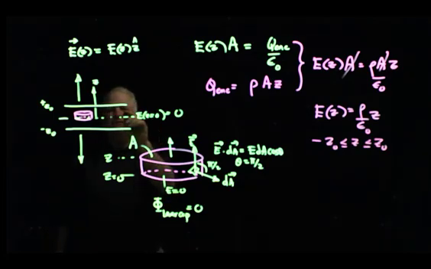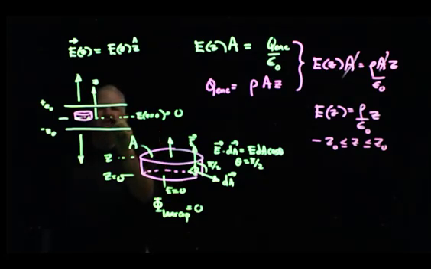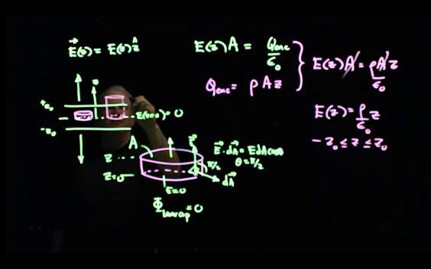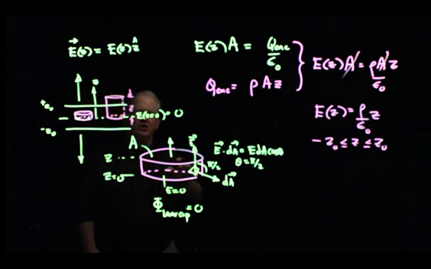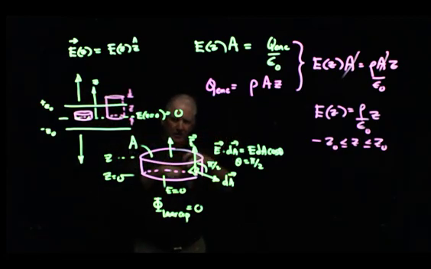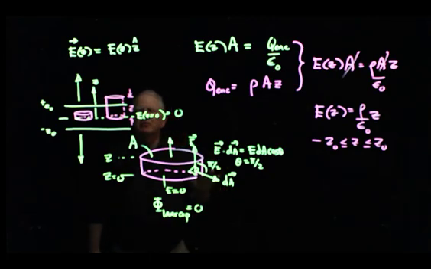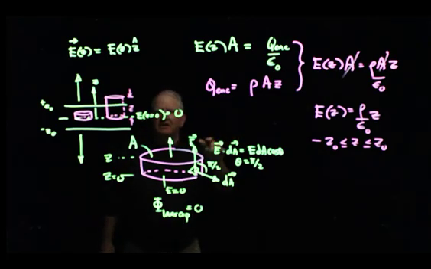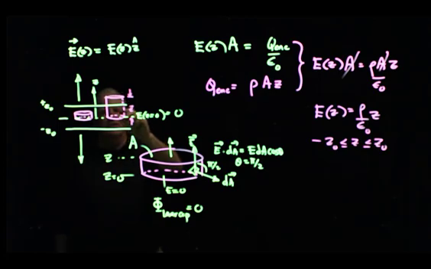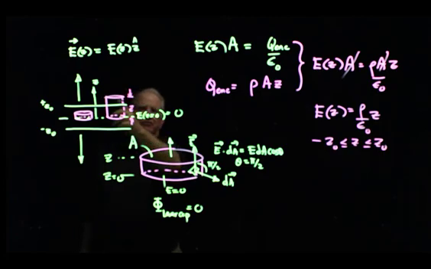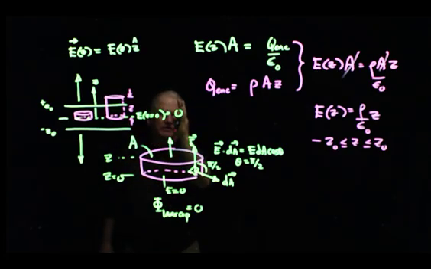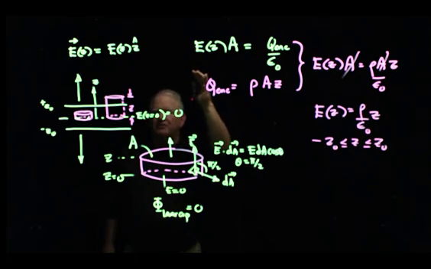If we want to go outside the slab, we're going to just extend this little pillbox to a point above the slab. So now here's our value z. We'll be careful to note as we go on that z is greater than z0 in this case, but it's absolutely the same analysis. There is no flux through the lower cap because there's no electric field there. There's no flux through the lateral sides because the electric field is traveling everywhere parallel to the sides.